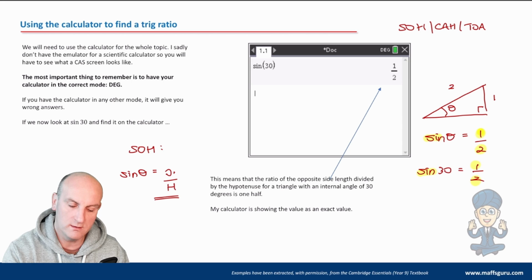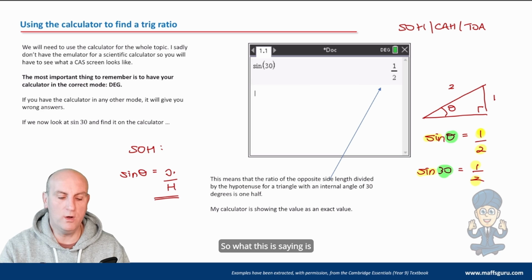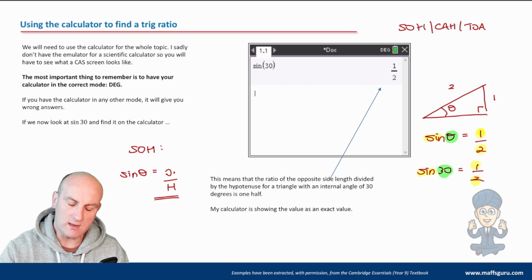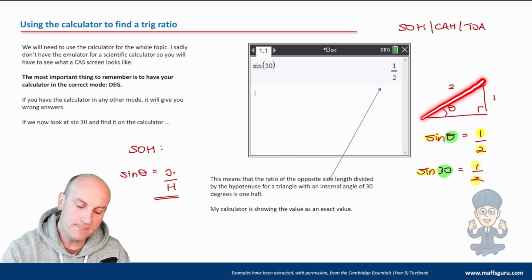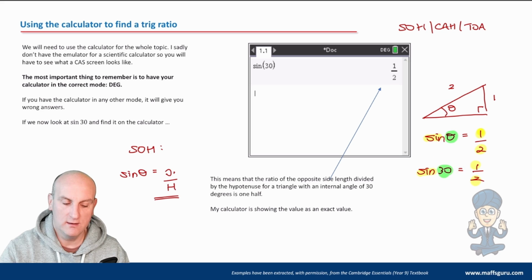Hold on a moment. Theta. So what this is saying is that a triangle with a side of 1 there and a side of 2 there will actually have an angle of 30 degrees.